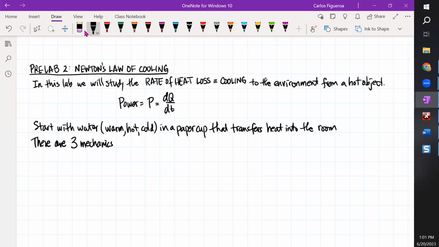So the first one that we've talked about is conduction. So conduction is the heat loss through the paper cup walls.